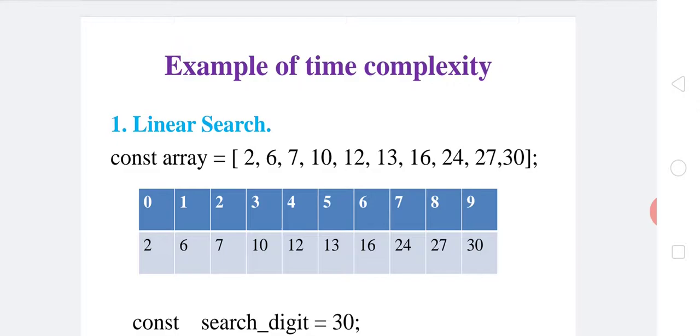The problem is searching: we have to search for an element in an array. We are going to assume that the array is sorted in ascending order, as we saw in the slide. The array elements are 2, 6, 7, 10, 12, 13, 16, 24, 27 and 30.